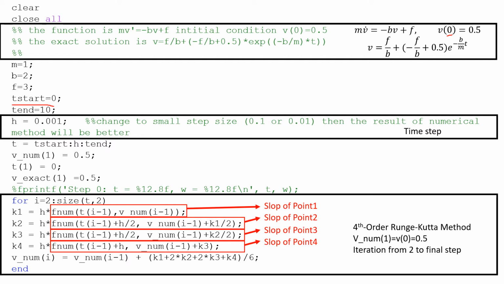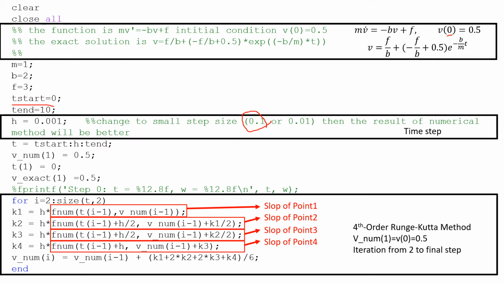In your simulation, you can try to change the step size to 0.01 or 0.1 or 1. You can see if you let the step size be larger, like 1 second or 0.1, the approximation will not be good. But because the Runge Kutta uses 4 points, even if the step size is very large, like 0.1, you can still approximate very well.